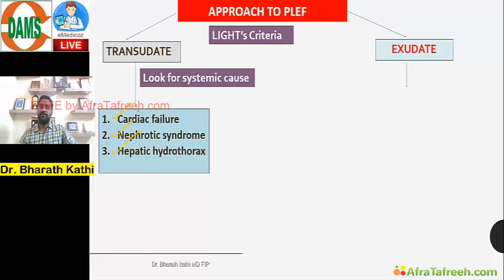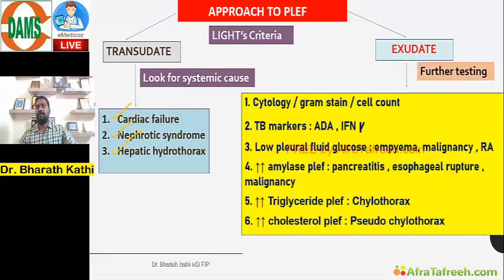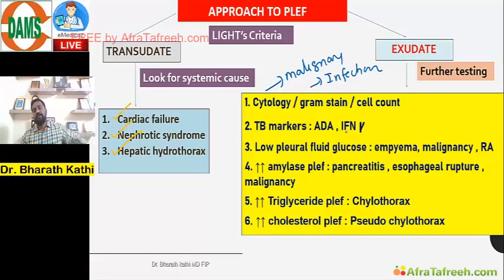If it is an exudative cause, you may need to further test the pleural fluid. Cytology to look for any malignancy, and gram staining to look for any infection and to see the type of cell elevated. And TB markers, ADA, interferon gamma can be elevated.